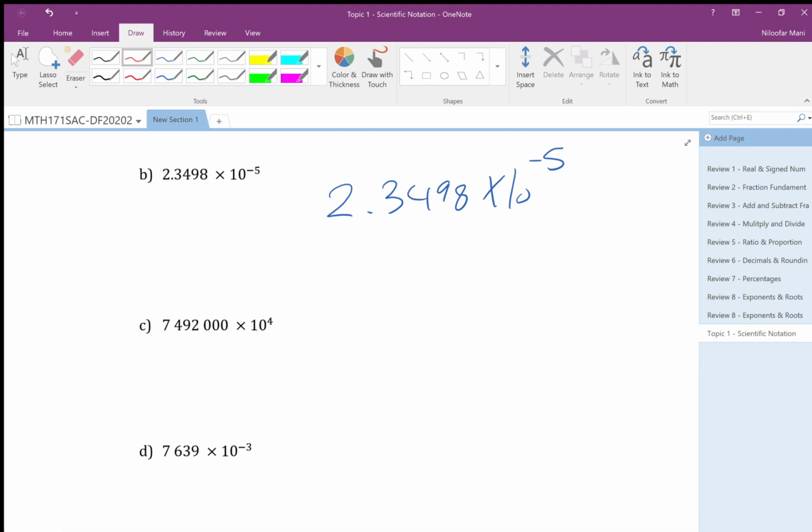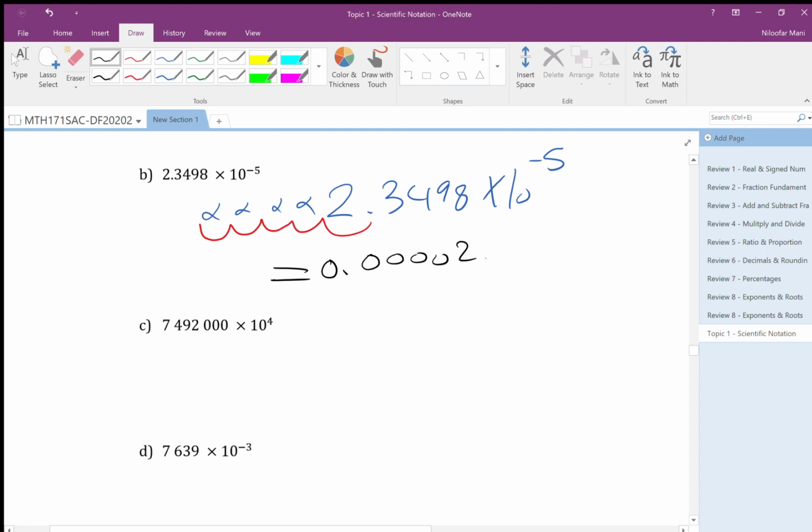So I do 1, 2, 3, 4, 5, and I add zeros here, here, here and here. So the answer is 0. Remember, don't count this 0. So it is 0.000023498.